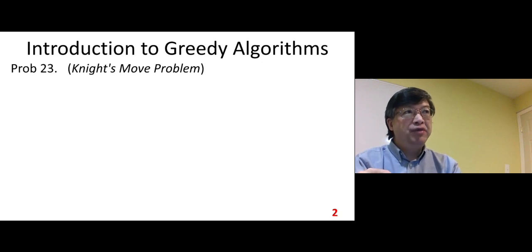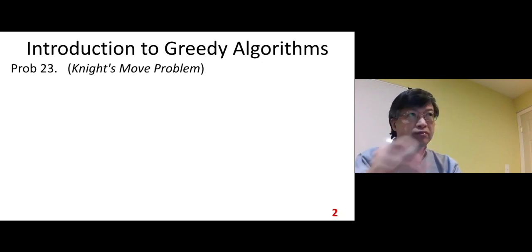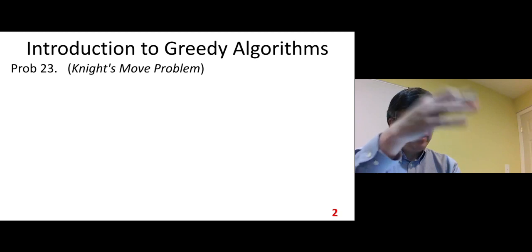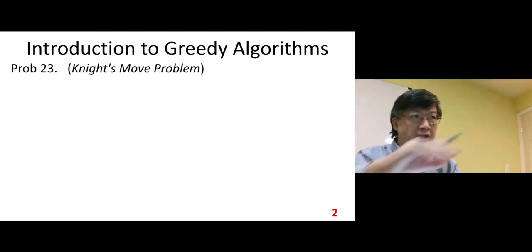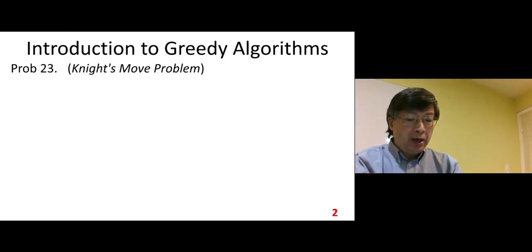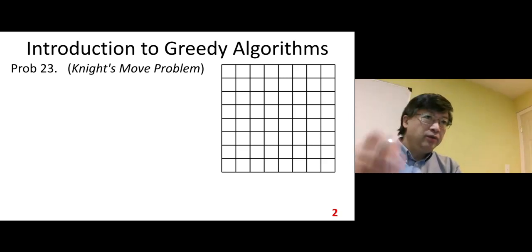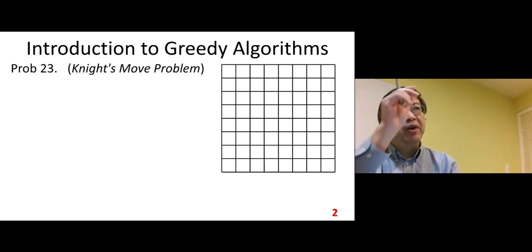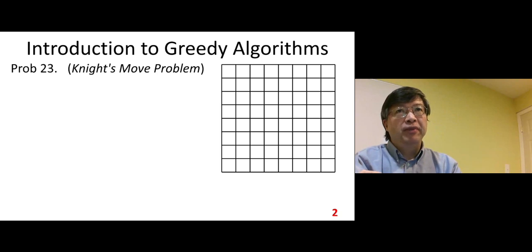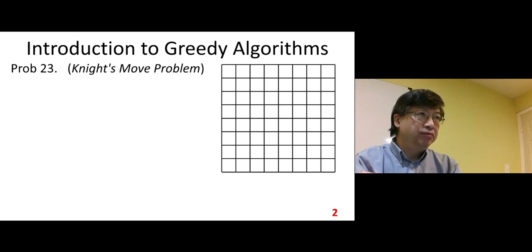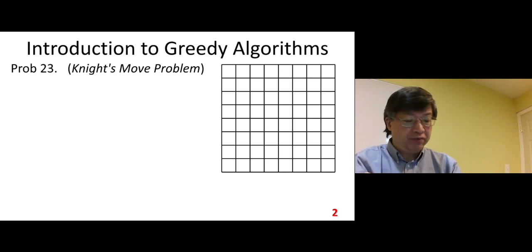I hope many of you are familiar with playing the chess game. Here we have a chessboard, but we only look at the knight. The move of the knight is very special.